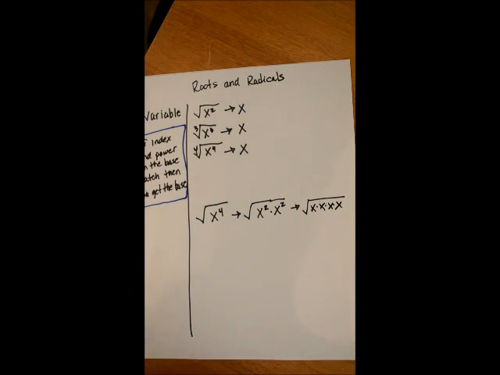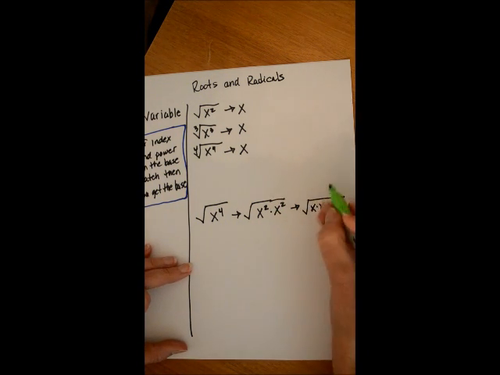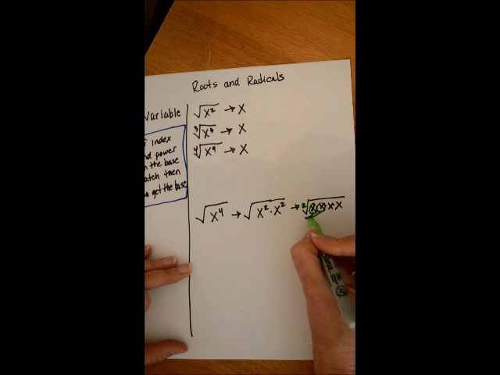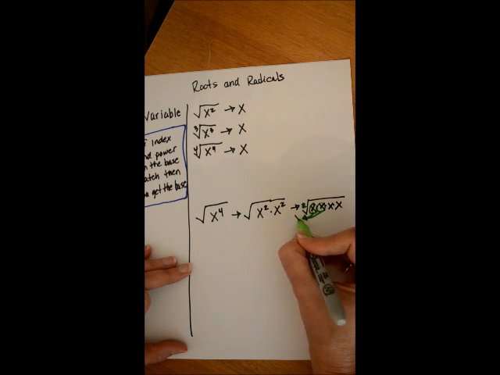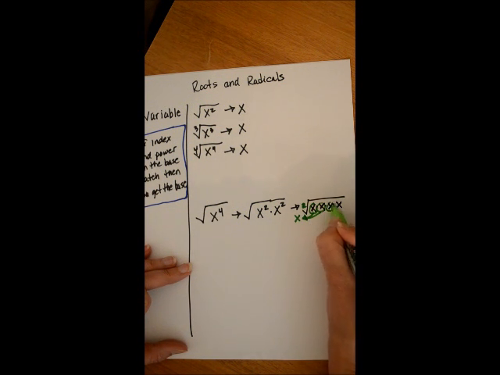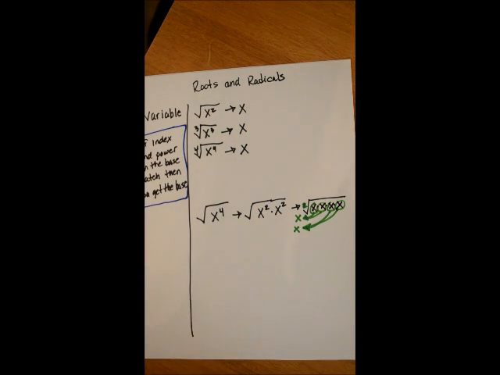A couple different ways to look at it. I have a squared here, even though we don't show it. So I need 2 to bring out of the radical sign. I have an x here, and then these two are going to bring me out another x, and my answer here is going to be x squared.